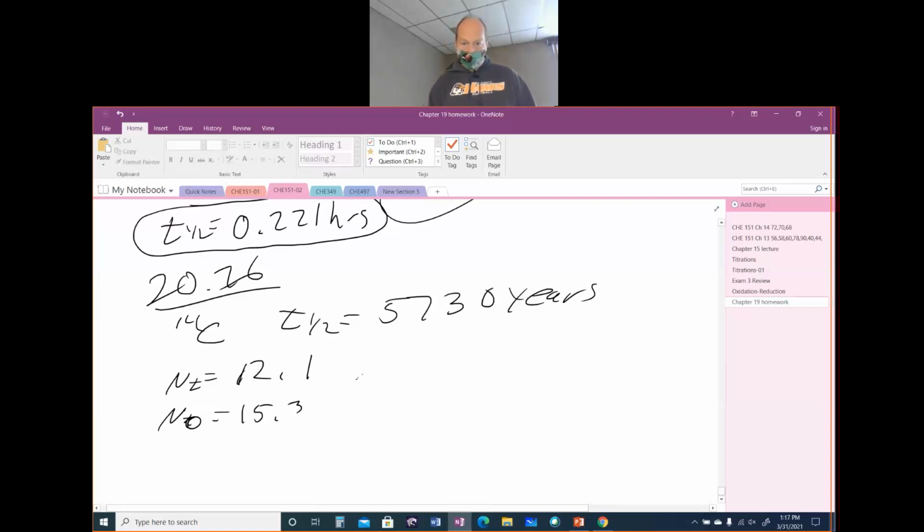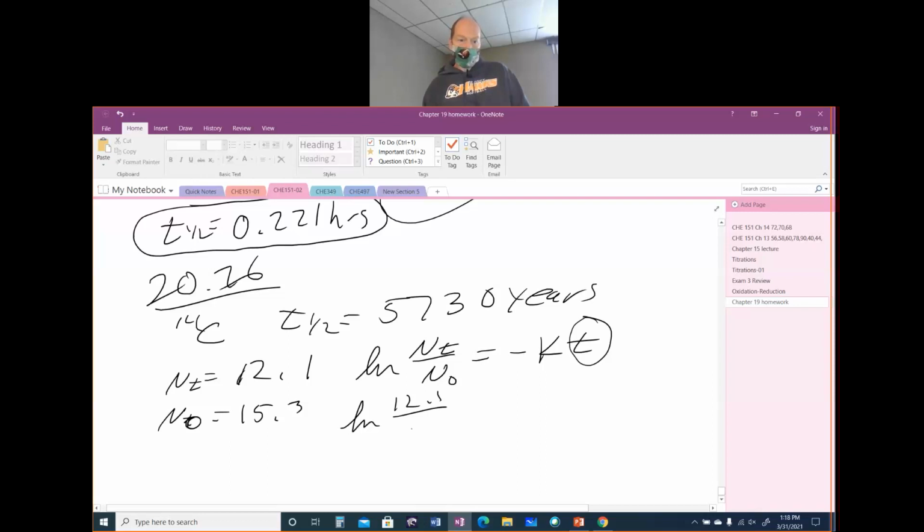To do carbon dating, you have your ln of N at time t over N initial equal to negative kt. When you're doing carbon dating, you are finding the time: how old is this sample? So you have your 12.1, 15.3, and your half-life.